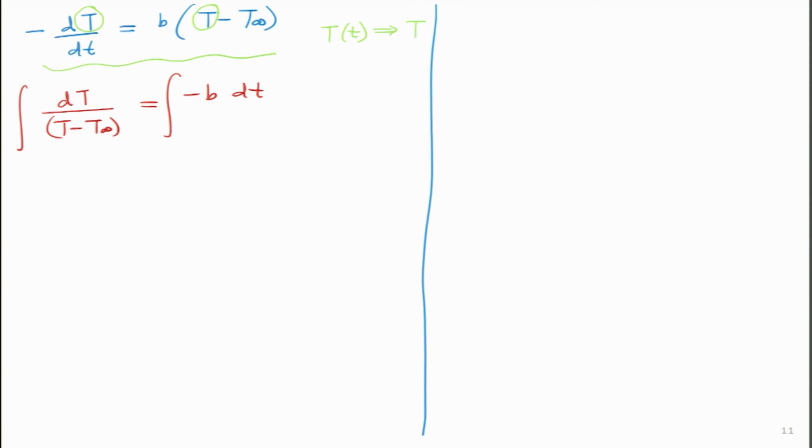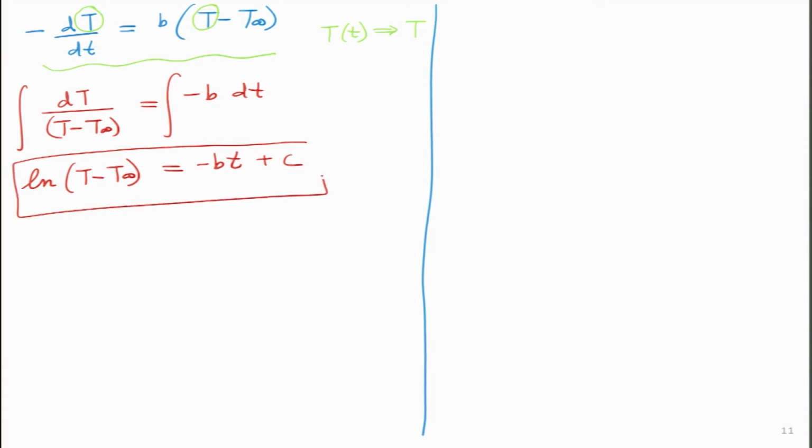On the left hand side it is kind of like a logarithmic answer we will get. So, we will get natural log of (T minus T infinity), and on the right hand side we will get minus Bt, plus there should be a constant as well, right, because there is a constant of integration over here. Now, this is the solution that we were looking for, except for one small thing that we haven't figured out, what is the value of C.